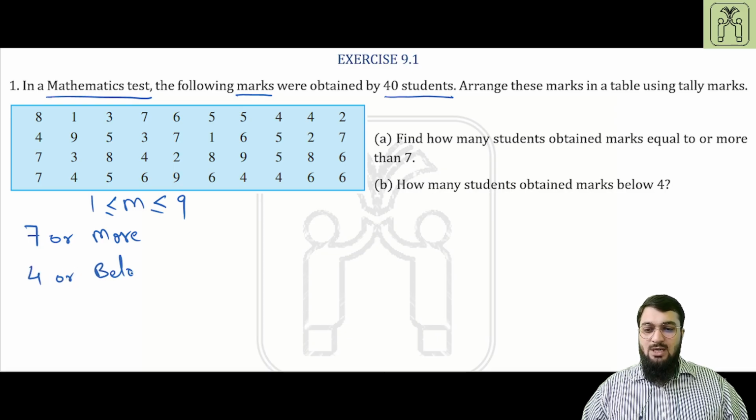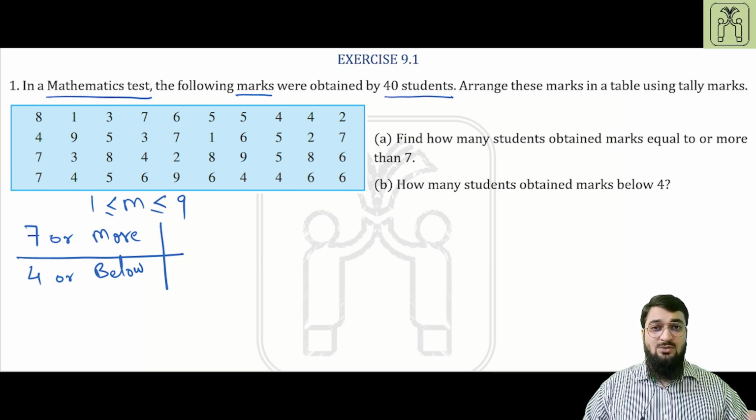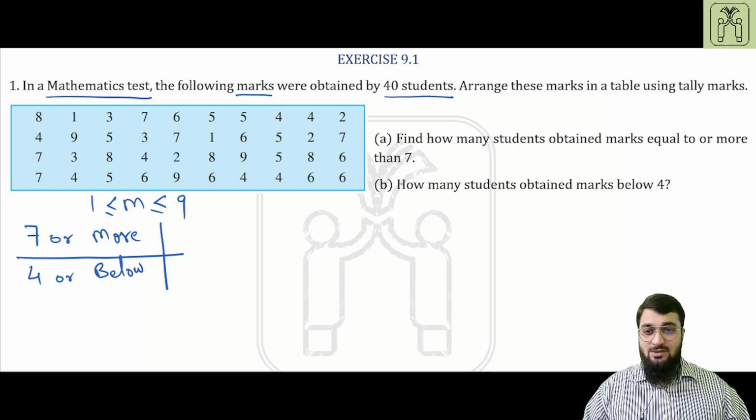And after that, we will start counting. I hope you are okay with this approach, because the ultimate goal is to answer the question. And for that, the shortest and the easiest approach will be better, rather than making the whole table and then counting different sets of marks again and again. That will lead to multiple manual involvement, and will increase the chance of calculation errors.